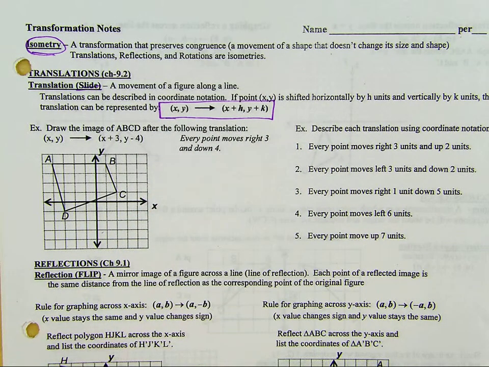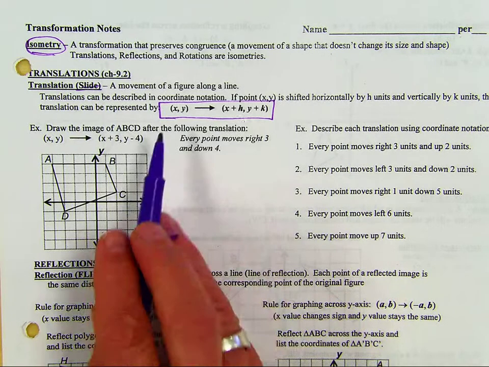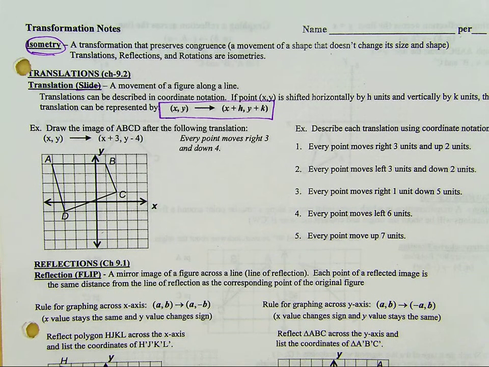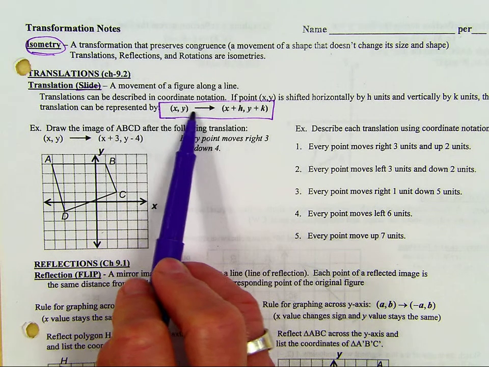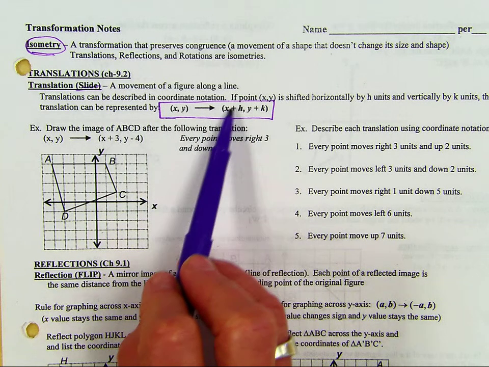And if I ask you to describe the transformation or the translation in coordinate notation, it has to be written in this format. Okay? So this is the original point, and this is how the point was moved.